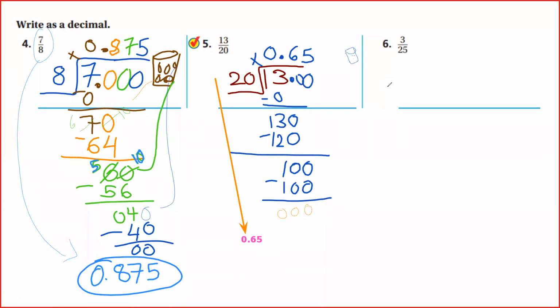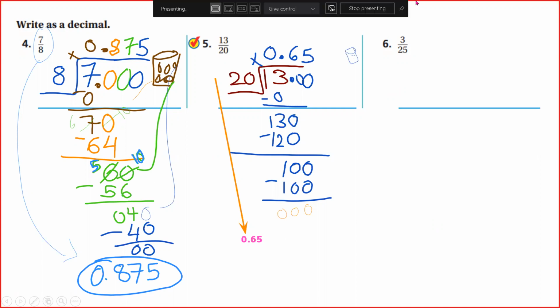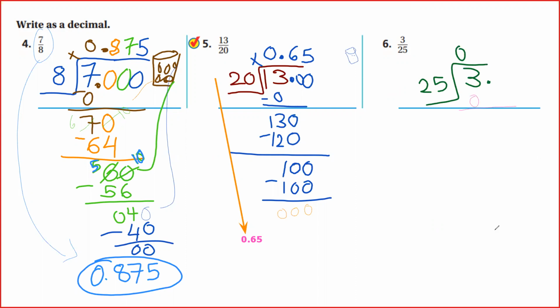Okay. Number 6 now. 3 over 25. Bravo. Then next, so we have 30. 30 over 25.